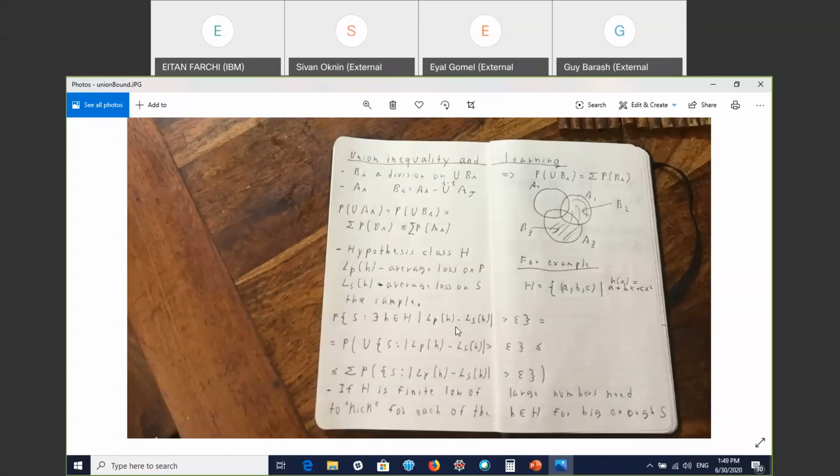In a sense, this is not a big enough sample, because for some hypotheses, the behavior on the sample, LS(H), is not representative of the behavior in reality, which is LP(H). Okay?